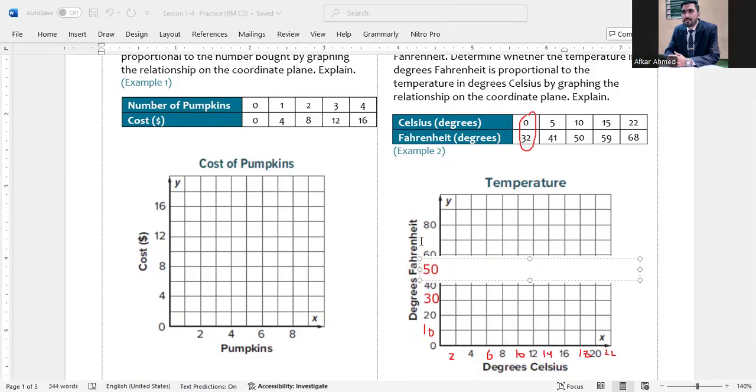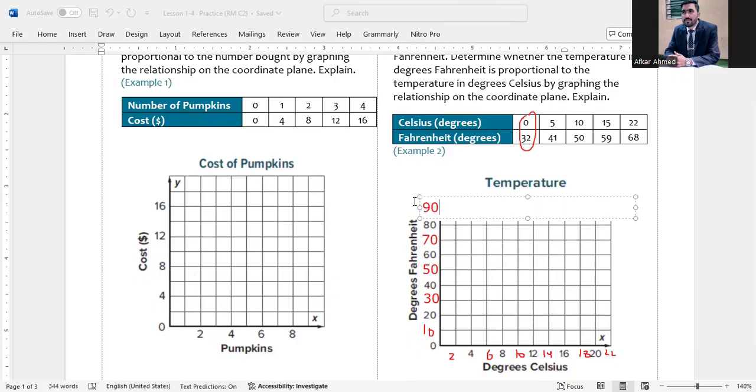Then between 60 and 80, it will be 70. It's better to write these points to avoid confusion. This is 90. And on the top, this is 100. Okay, now it will be easy for me to make the graph.